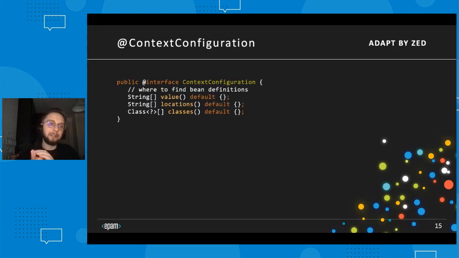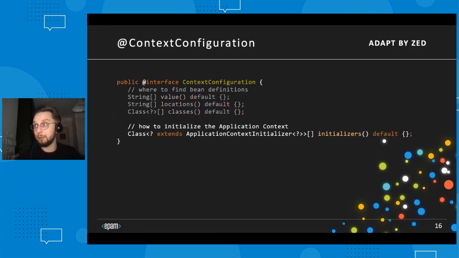First of all, it allows you to specify what places should be used to find bean definitions. Of course, it's possible to load bean definitions from resources, and it is necessary to use locations in this case, but you can also enumerate the beans or configurations to be included in the application context using the classes property.